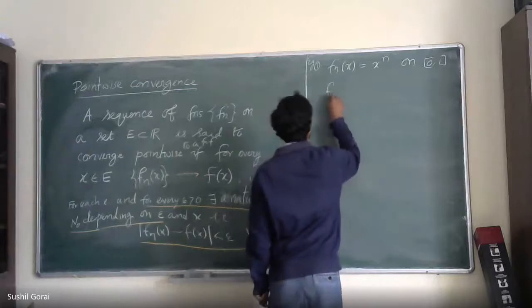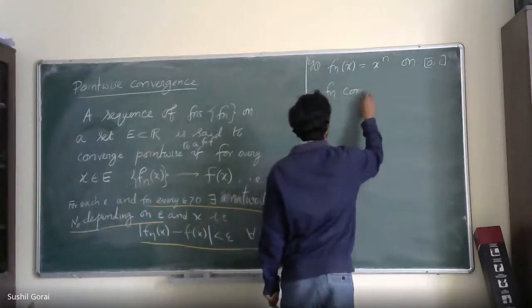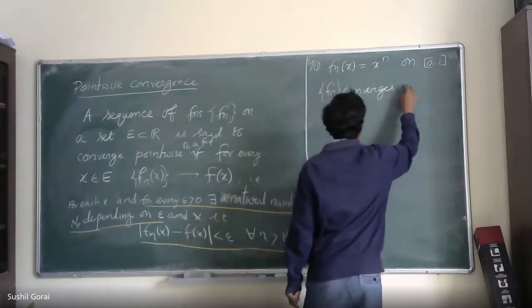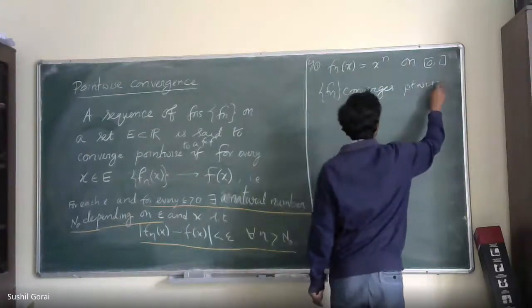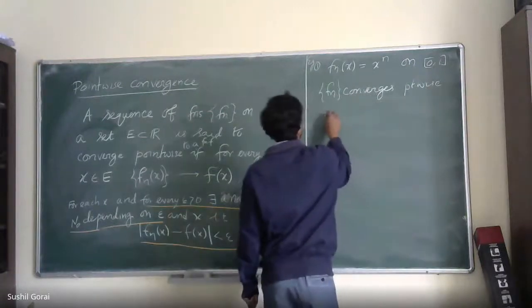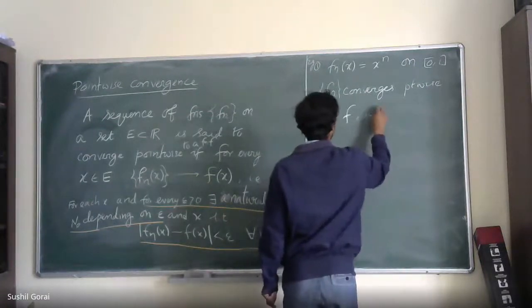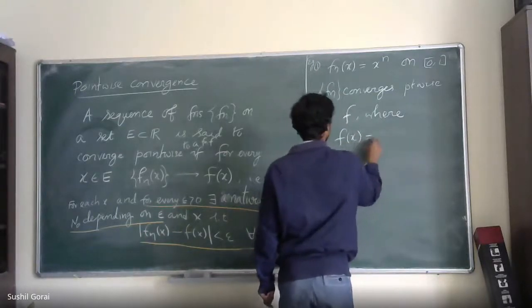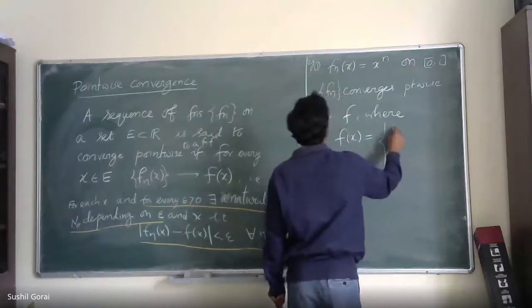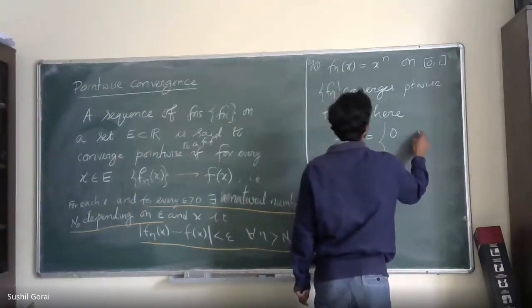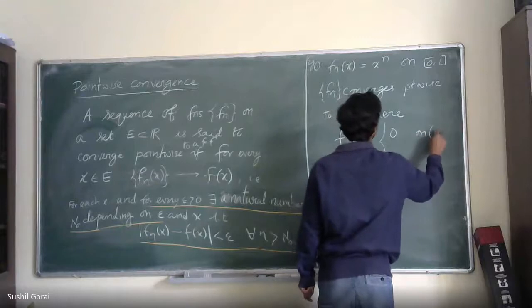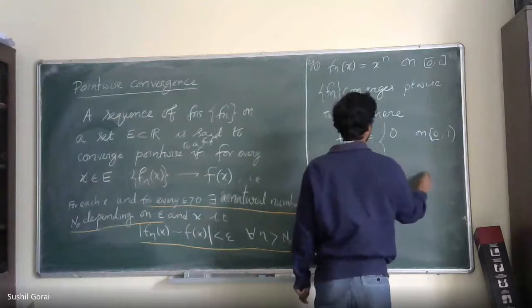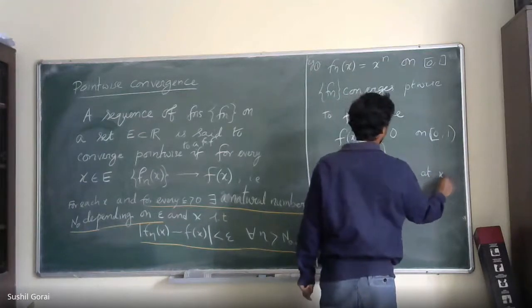So this Fn converges pointwise to f, where f is 0 on closed 0 to open 1 and 1 at x equal to 1.